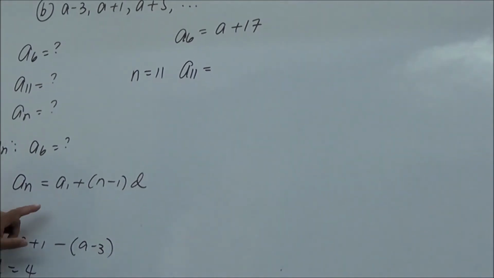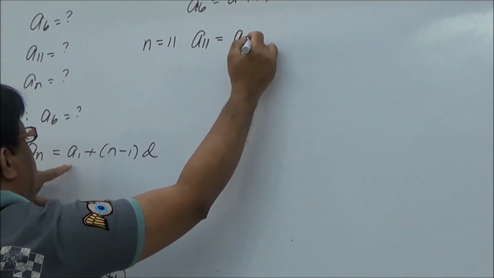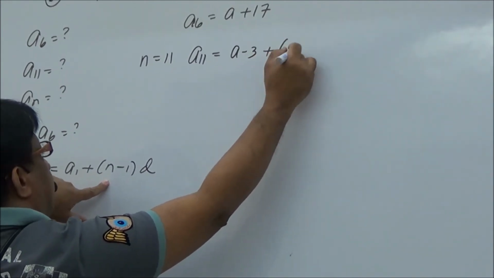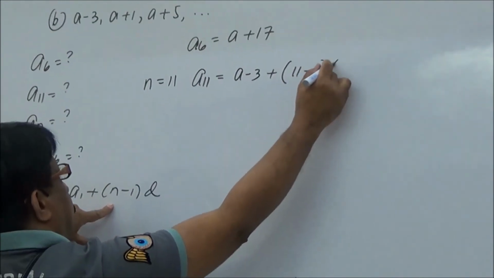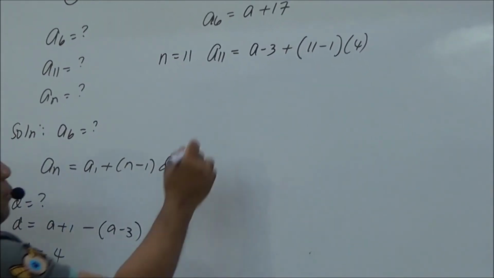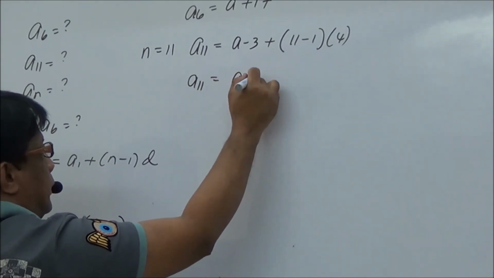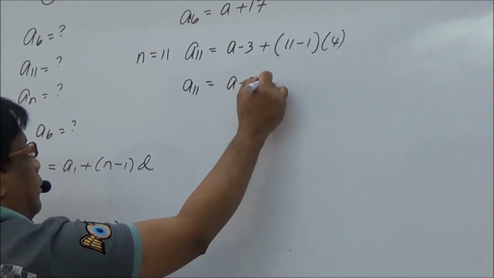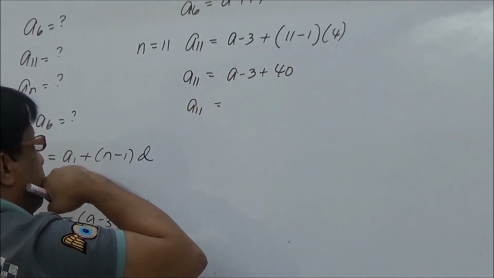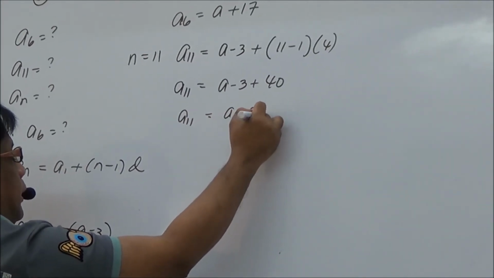So using the formula, a1 is a minus 3, then plus n, which is 11 minus 1 times d, which is 4. And from here, a11 now is a minus 3 plus 40. So a11 now will be a plus 37.